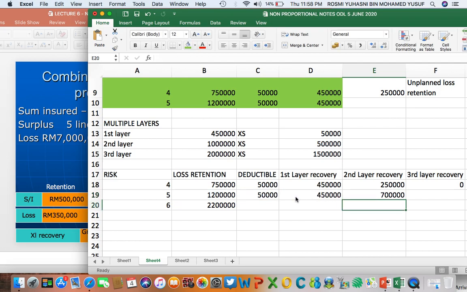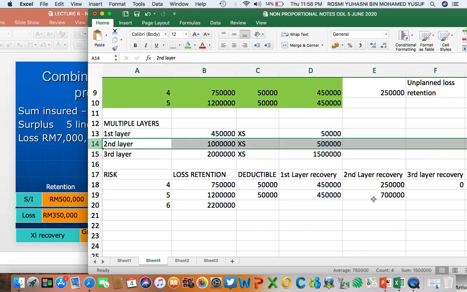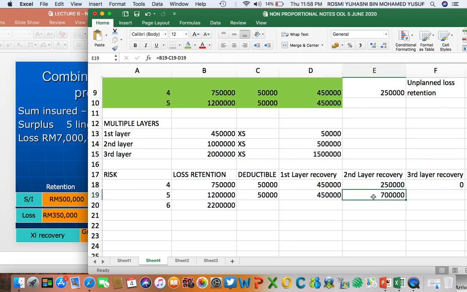So there is a balance of 700,000, and this is within the cover of the second layer. So we know that the second layer will pay 700,000 because 700,000 is not more than 1 million. So there will be 0 recovery from the third layer, because the third layer is not involved in the claim for risk number 4, or for risk number 5.